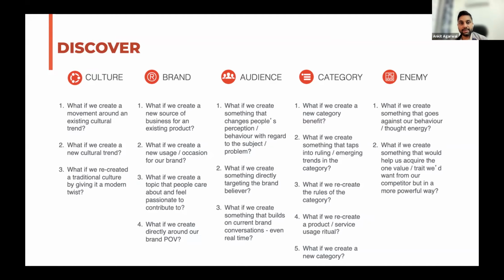Similarly, say under the brand side, what if we create a new source of business for an existing product? Like I said, this is something that I spoke about in the last slide as well. Say as a brand, my business is to provide a healthier option for coffee lovers, then I can have a lot of other products included, because I'm suddenly not just selling decaf coffee, but I'm selling a lifestyle to these guys, right? So what if we do a launch?